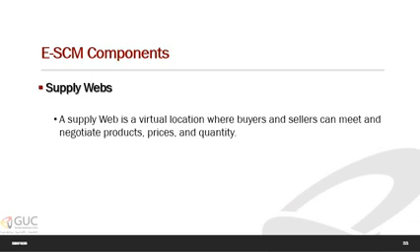As mentioned before, supply webs, also known as exchanges, are virtual locations where buyers and sellers can meet and negotiate products, prices, and quantity. Back in early 2001, Forrester Research recorded more than 2,500 exchanges worldwide.